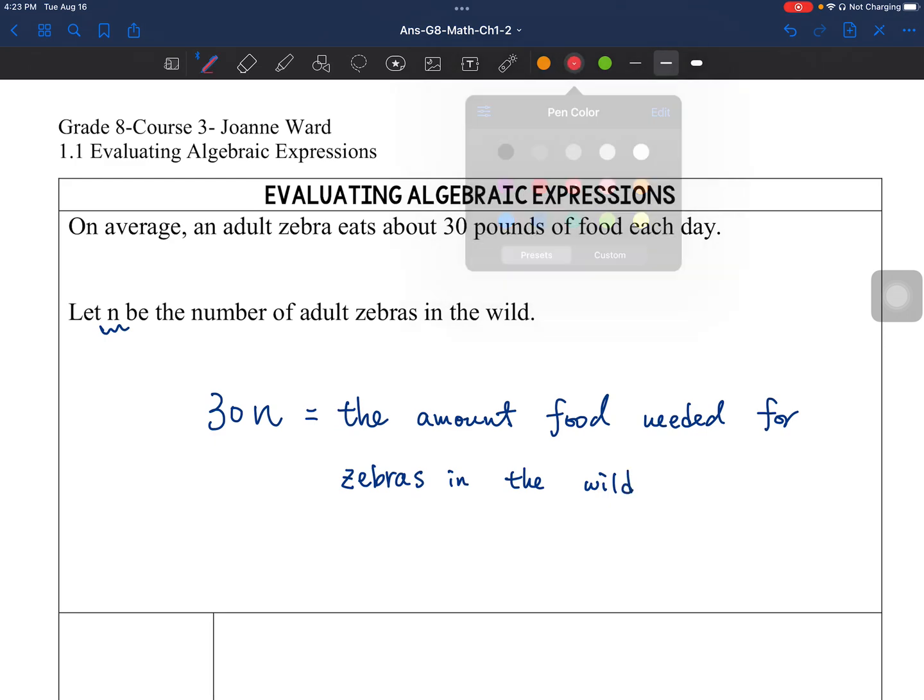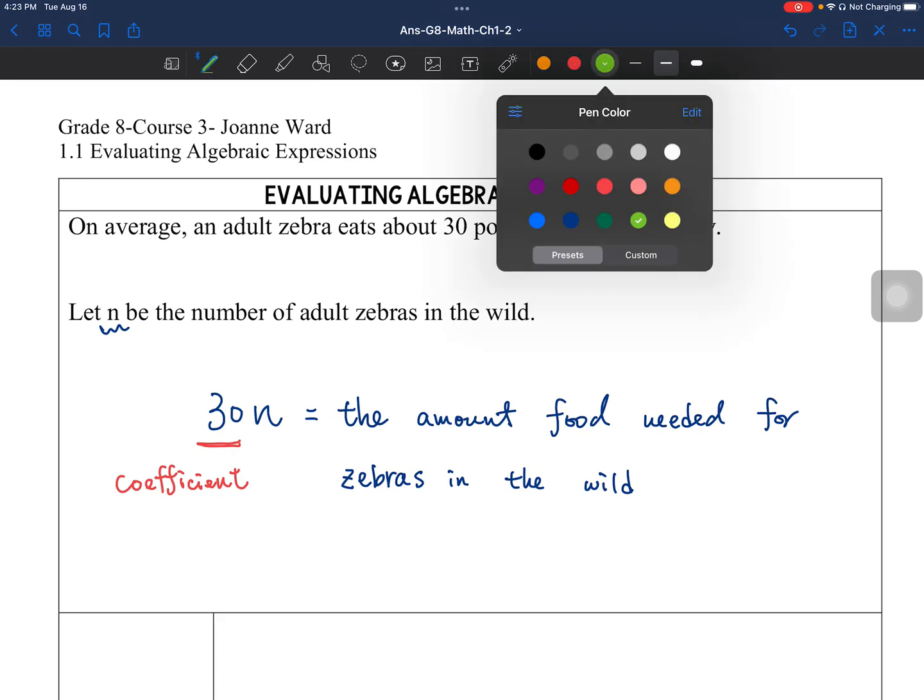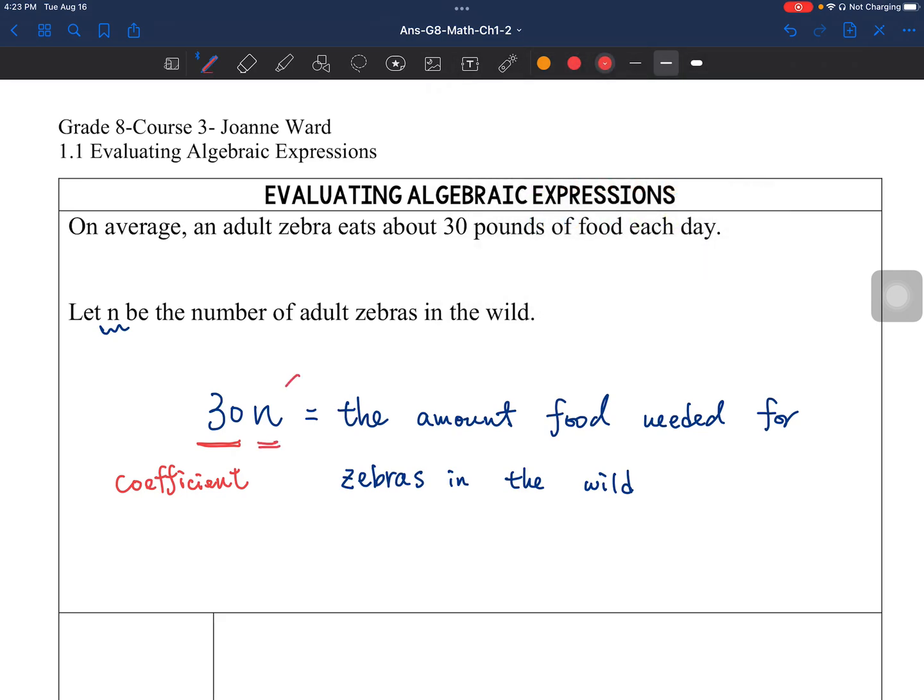So here we have 30 as the coefficient and n as the variable.